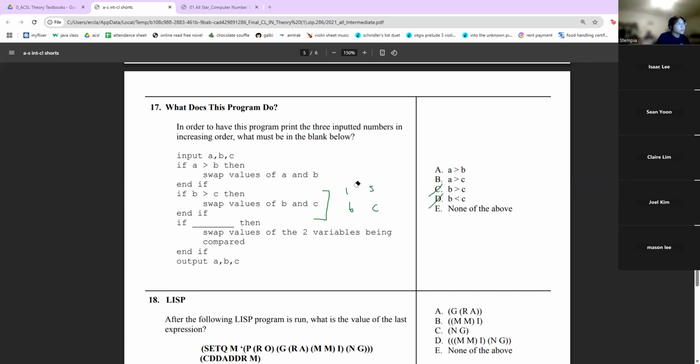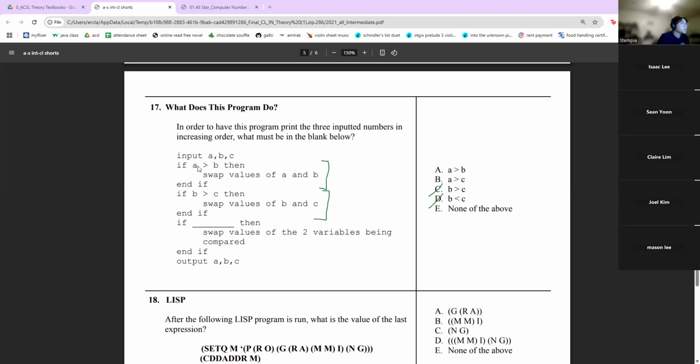If we look at the last two, based on the first one, what have we guaranteed?